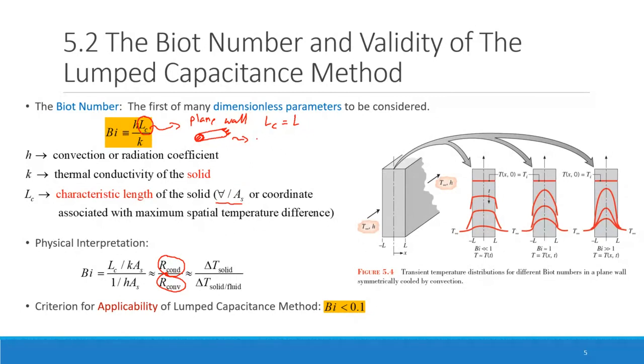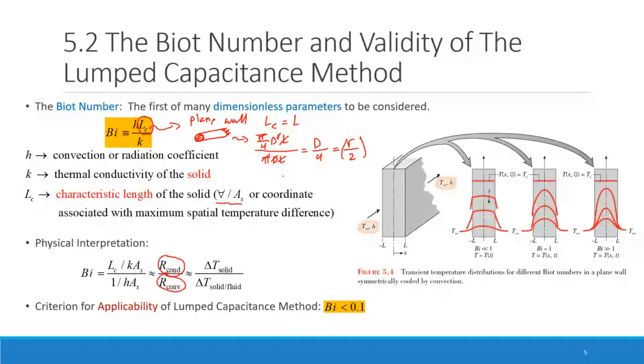What is the volume? Pi over 4 d square L. What is the surface area? Pi d L. These will cancel out. The characteristic length will be d over 4, which is equal to r over 2.